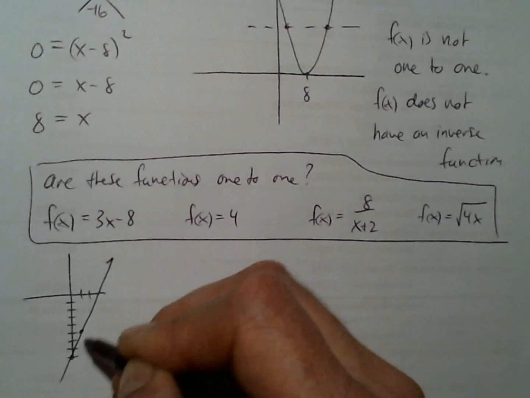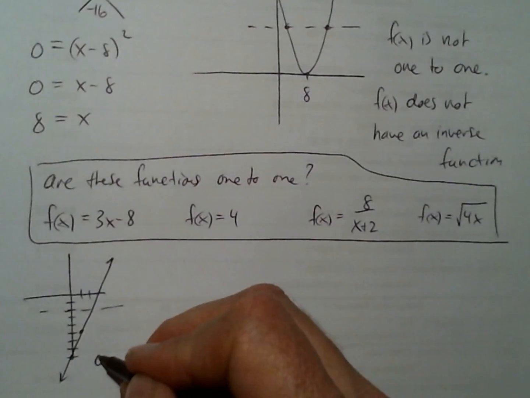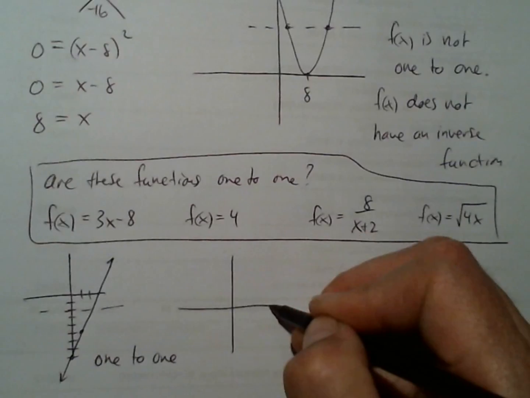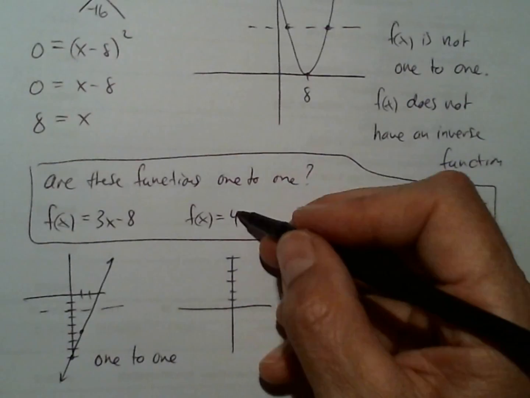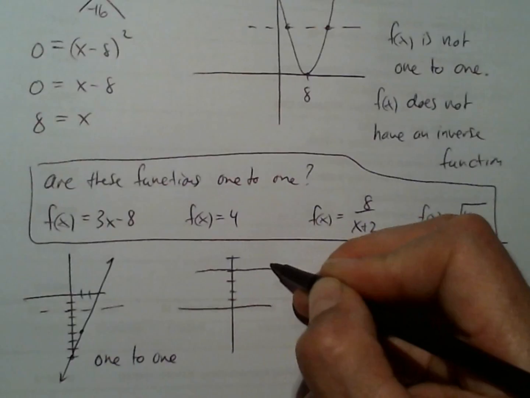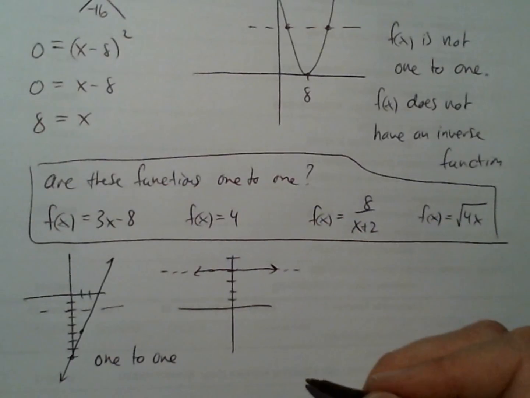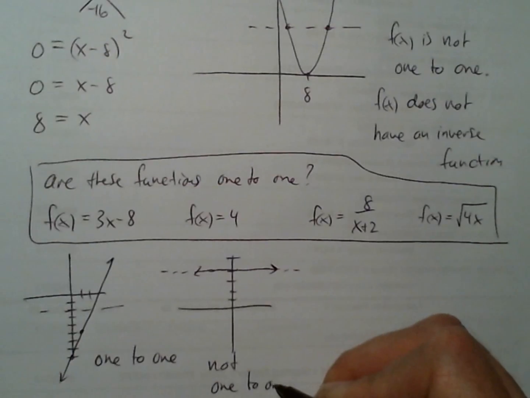So it passes the horizontal line test, so it is 1 to 1. Y equals 4, horizontal line touches infinite times, so it is not 1 to 1.